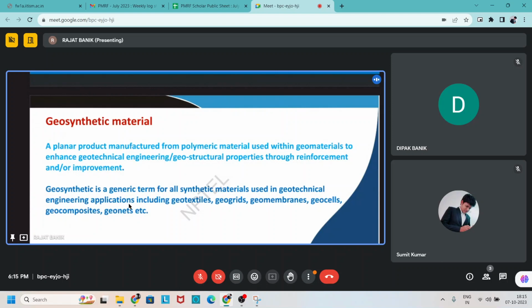Geosynthetic is a generic term for all synthetic material used in geotechnical engineering application, including geotextile, geogrid, geomembrane, geocells, geocomposites, and geonet. So geo means geomaterial, or we can say ground or soil, and when this geomaterial is applied with some synthetic material like polymer, plastic, or PVC, polyvinyl chloride, then this combination we call geosynthetic material.